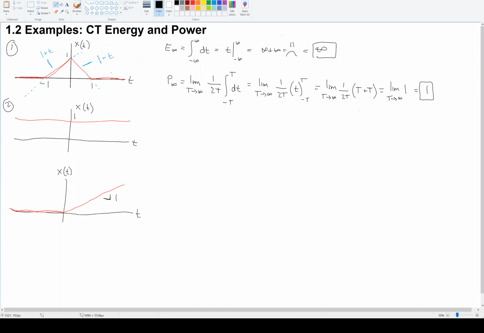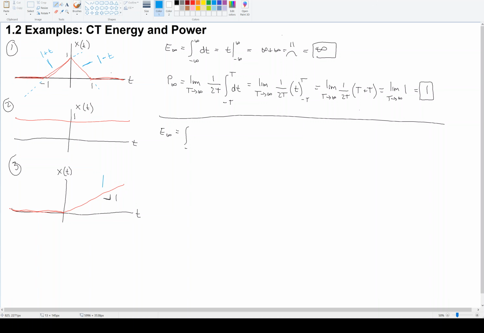All right, and finally, let's look at our third example down here, this ramp function. So I'm just going to write it down here. Again, our signal over all time, I'm going to model this with mathematics. So I need the equation of this thing here.